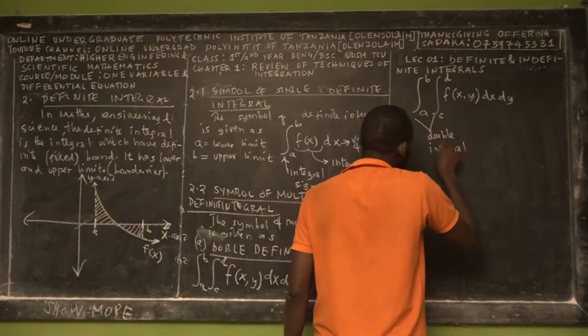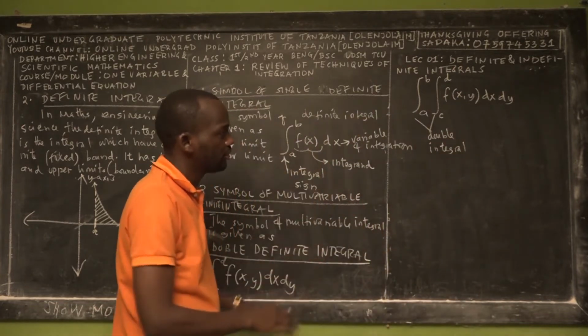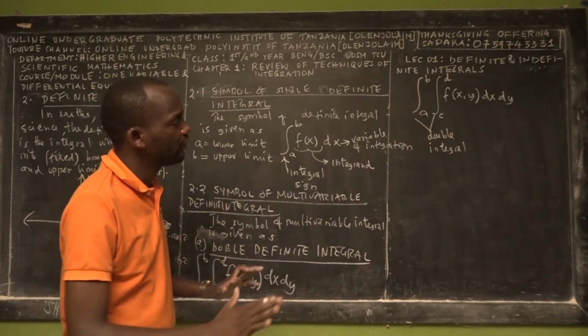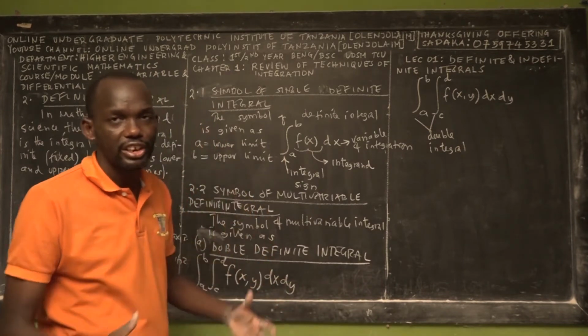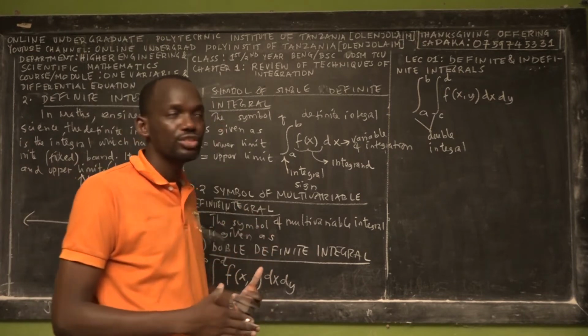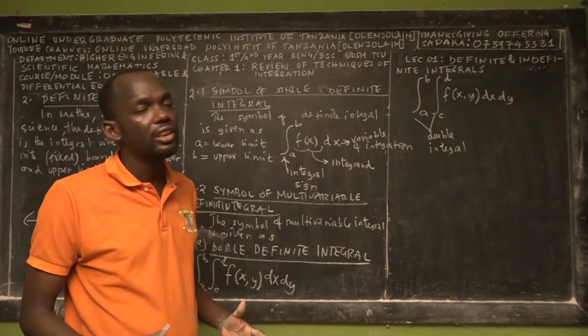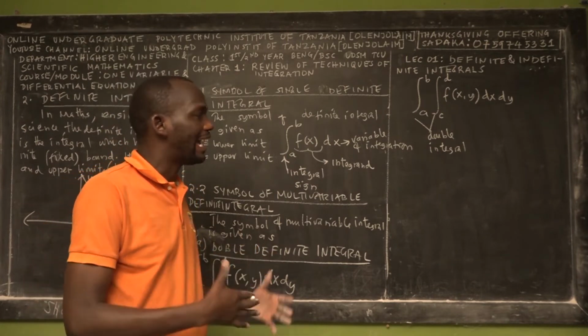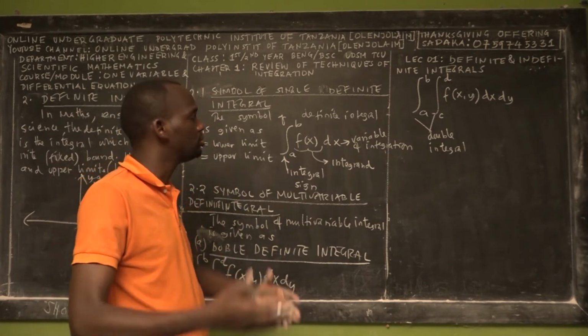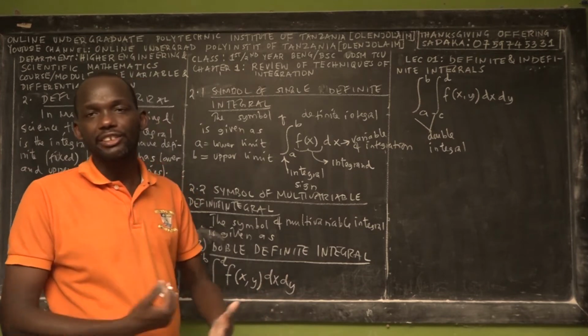Listen carefully. Everything that I'm teaching you, you will realize its applications in the near future of this course of one variable and differential equations for the non-majors, which is intensively taught to the College of Engineering at the University of Dar es Salaam.